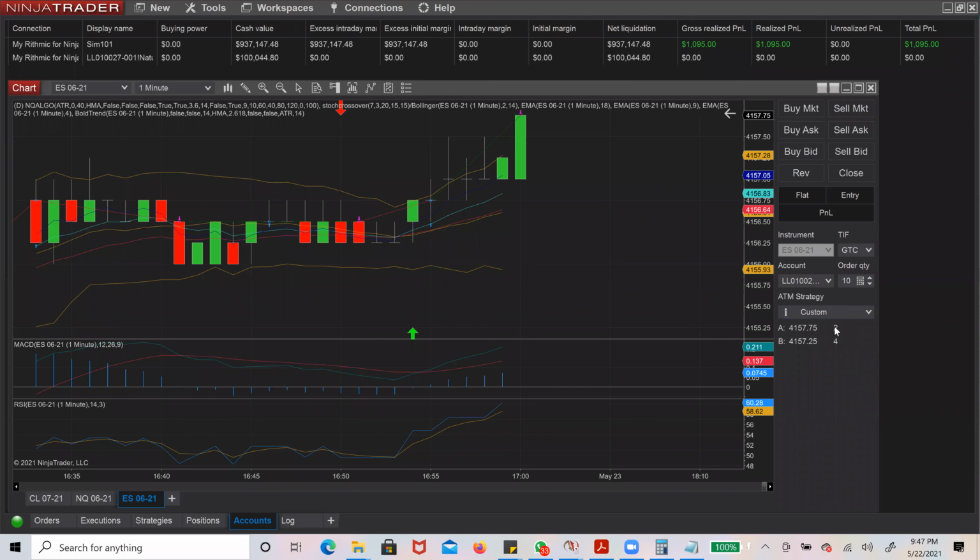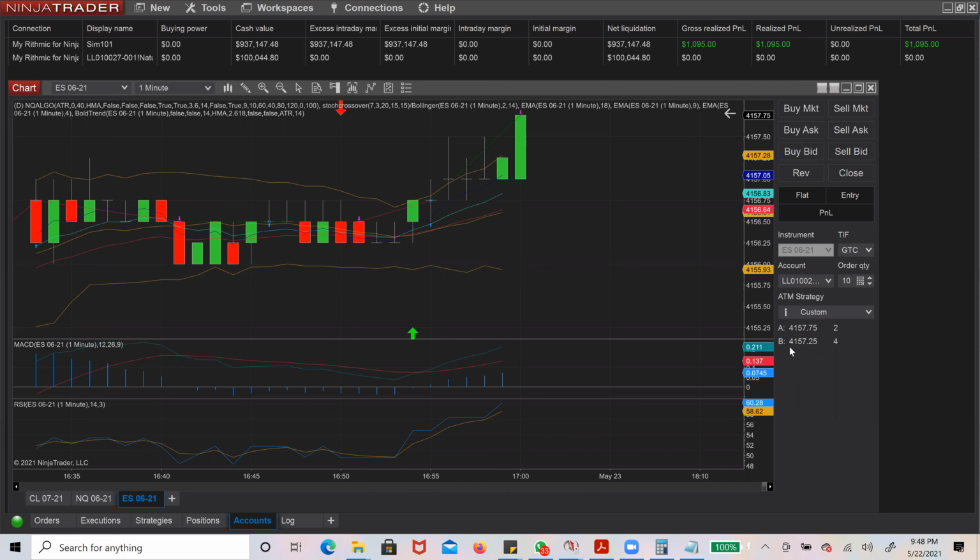If you look at this, the bid is 4157.25 and the ask is 4157.75. The market price is going to be 4157.50, in the middle. You guys follow, right? Bid is what you are bidding to buy a future.